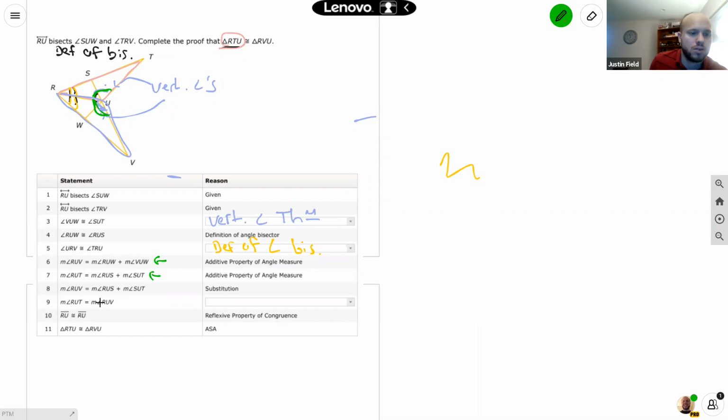And now, what is this here? We're substituting. Okay, where's RUV? Oh yeah, because two of the angles are congruent, you can just substitute RUS, SUT, RUW, VUW.